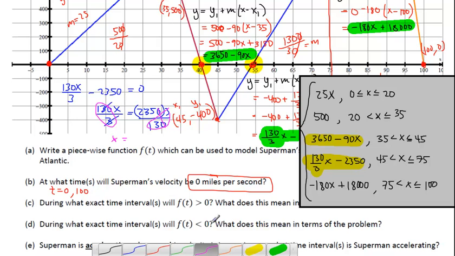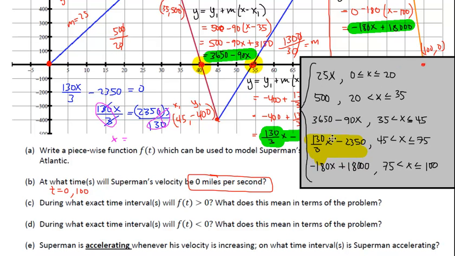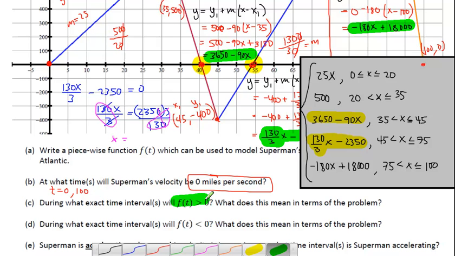Next 2 parts, during what exact time interval will f of t be greater than 0, and what does it mean in the context? Move these up. So the 2 things now, what does it mean to be f of x is greater than 0? Since f is supposed to be the velocity, it's saying the velocity is greater than 0.